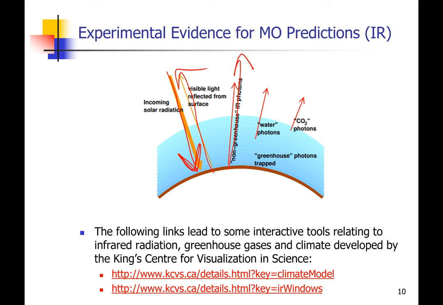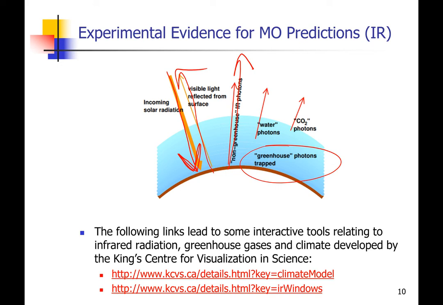And then over here, we have what they are referring to as the greenhouse photons, the photons of energy that got trapped by being absorbed by some sort of greenhouse gas. And they are the ones that are raising the temperature.